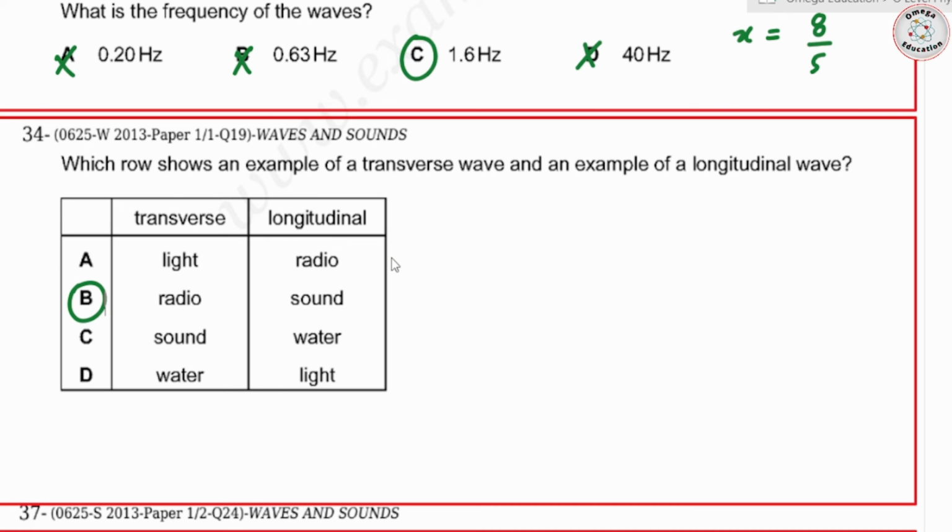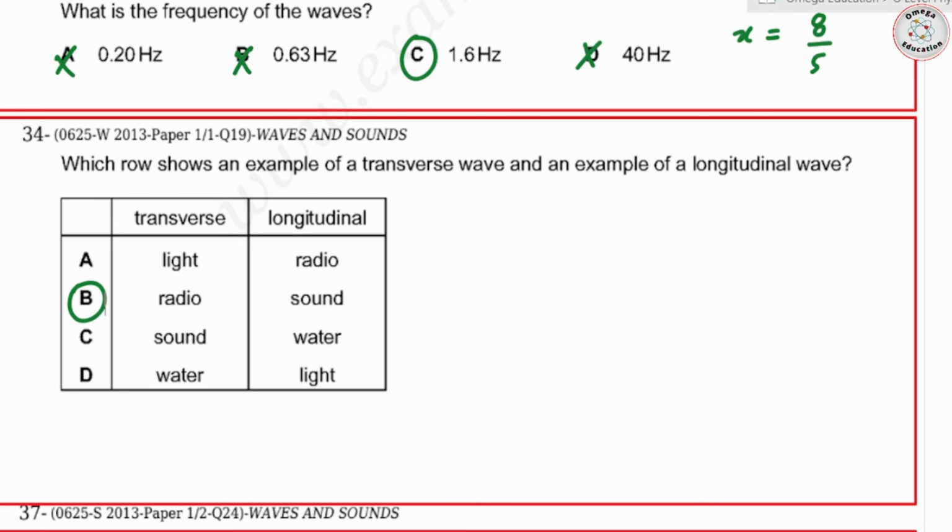And longitudinal waves, in the syllabus for physics O levels, the only longitudinal waves that you need to really study are sound waves and the waves produced in a spring or a string or a rope.